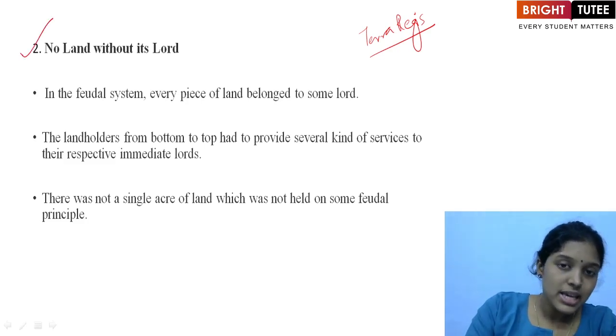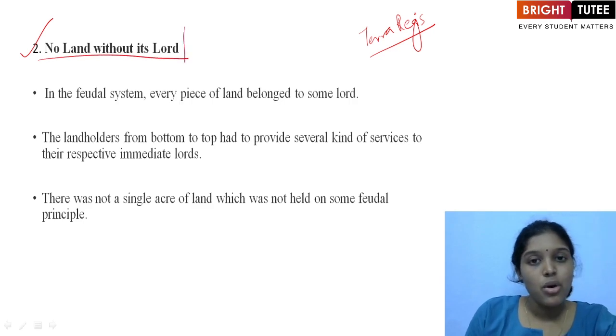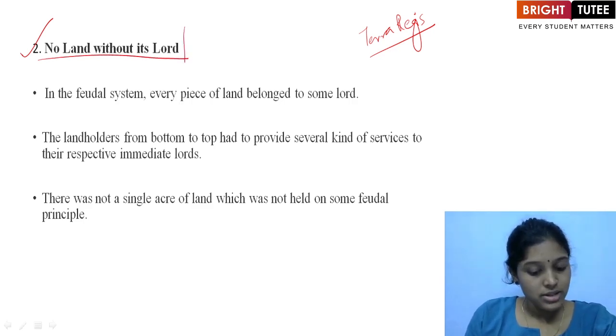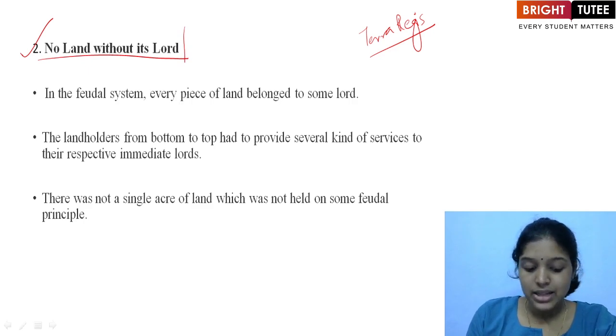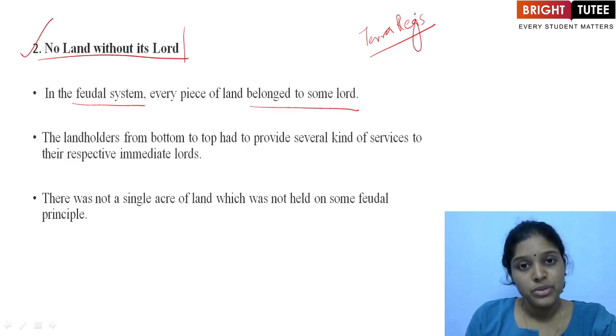Now we come to the second feature, which is no land without its lord. What is this? So here we see that in the feudal system, every piece of land belonged to some lord. So wherever you find a piece of land, it belonged to some person.